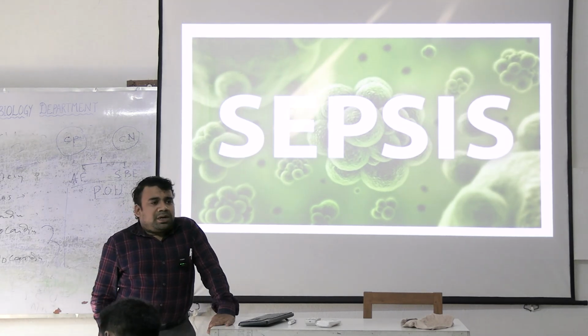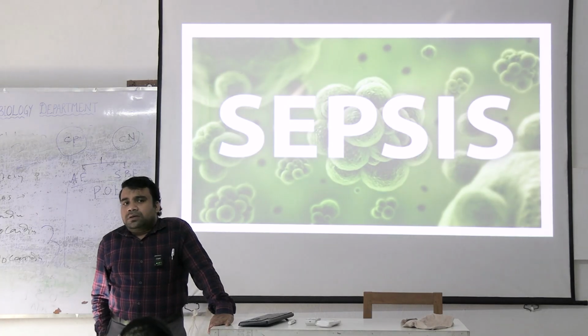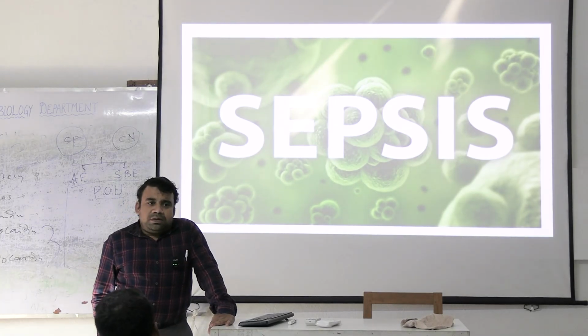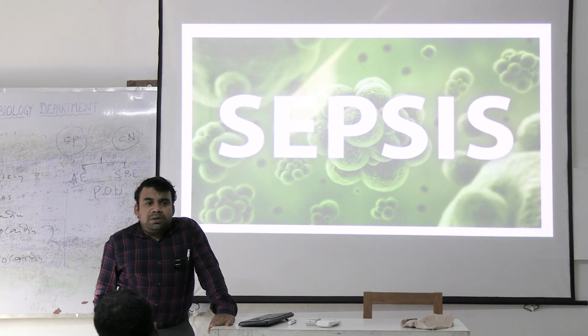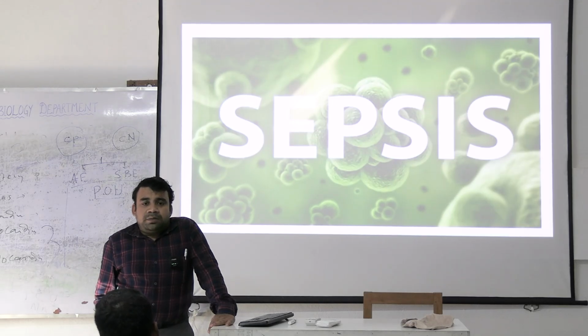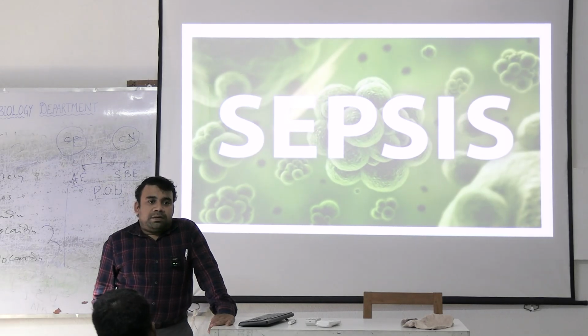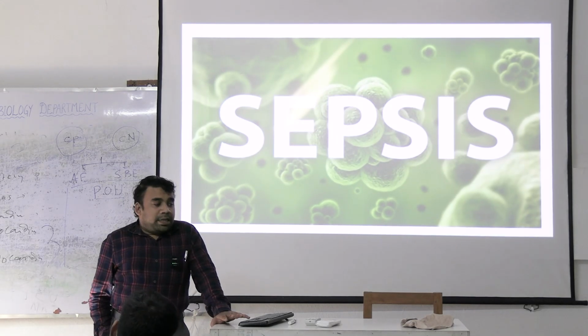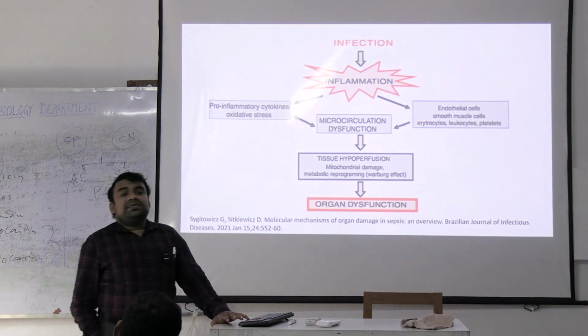If the body is able to contain the infection, what will happen? The bacteria will be removed from the body. But if the patient is unable to contain, what will happen? The bacteria will go on multiplying. And this is what we call it as sepsis.